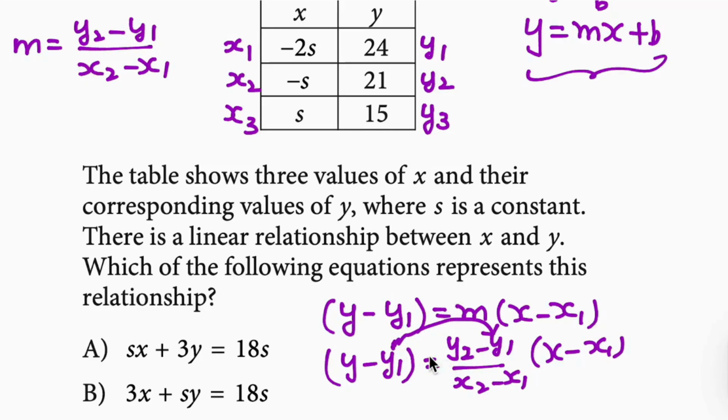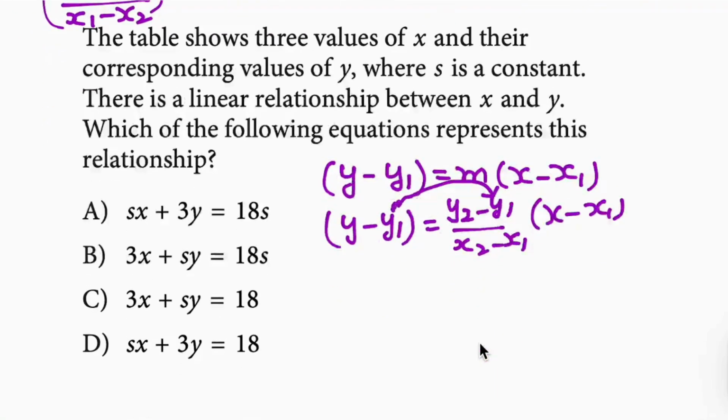See this sequence, it should always be here. You cannot do y1 minus y2. That will be wrong, though the slope will be correct, it will end up at the same value. But in this equation, this value should be after the negative sign. Be very, very careful about this.